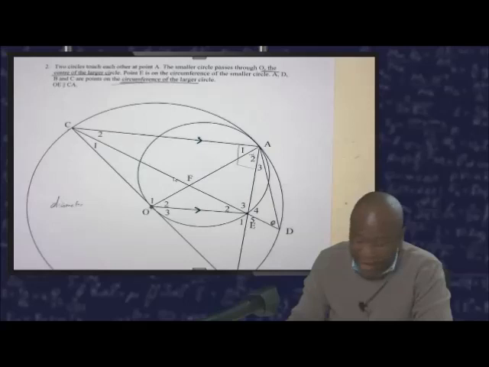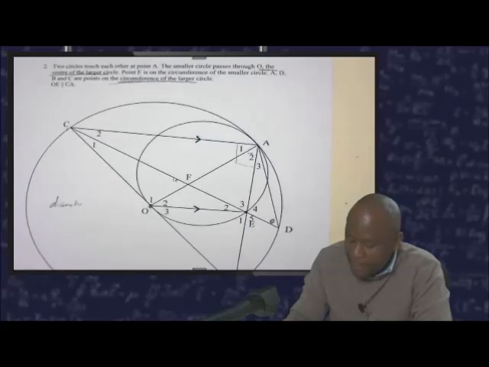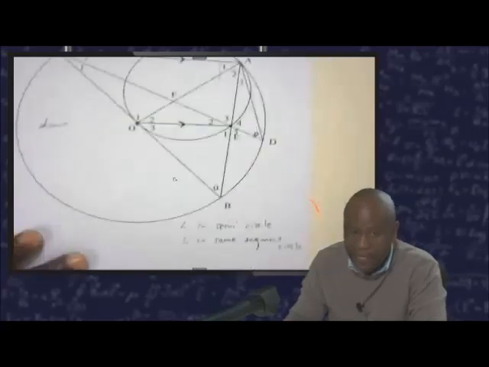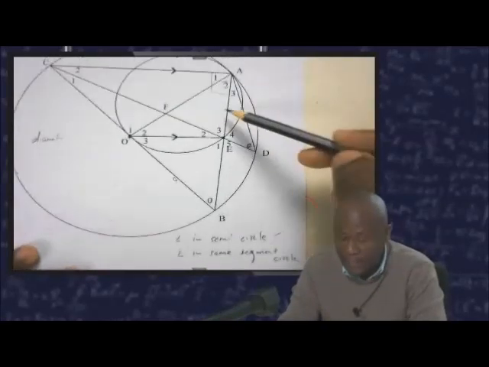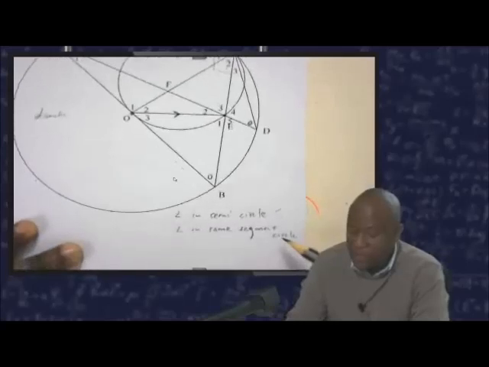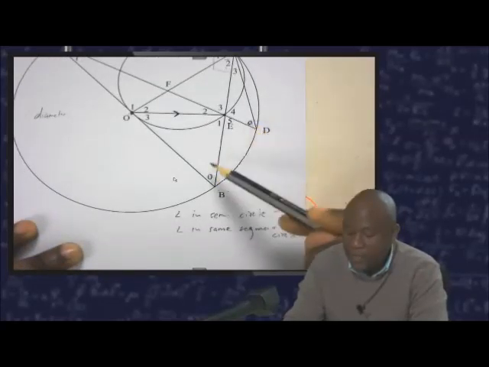So we have angles in the same segment of the circle. First, we have angle in the semicircle, 90 degrees, here it is. Second, we have angles in the same segment of the circle.